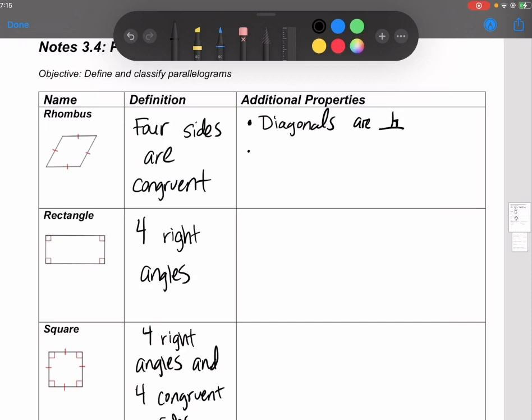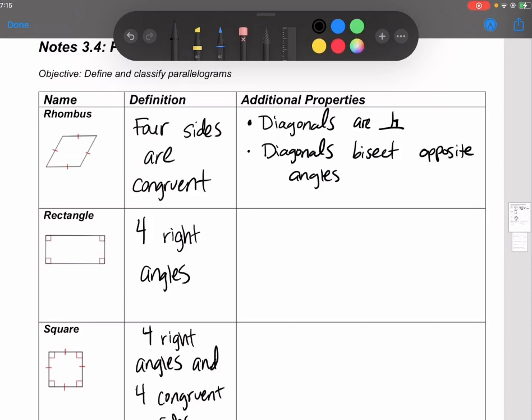The other thing is that diagonals bisect the opposite angles. Now remember, bisect means it cuts exactly in half. So the diagonals are cutting the angles exactly in half, so those angles will be congruent. If I show this picture, this little angle right here is going to be the same size as that little angle over here, because they bisect, it cuts it in half.